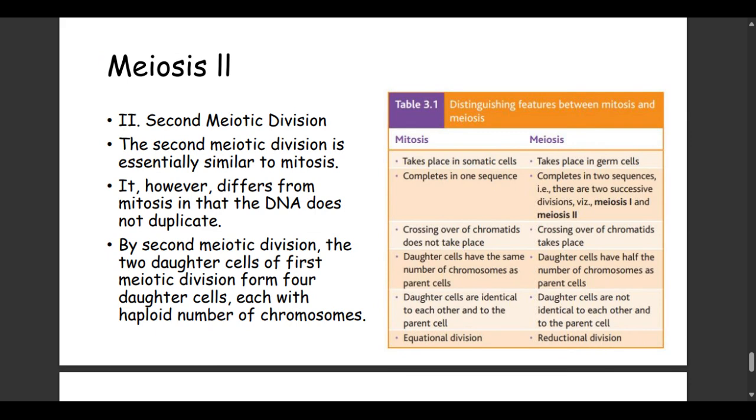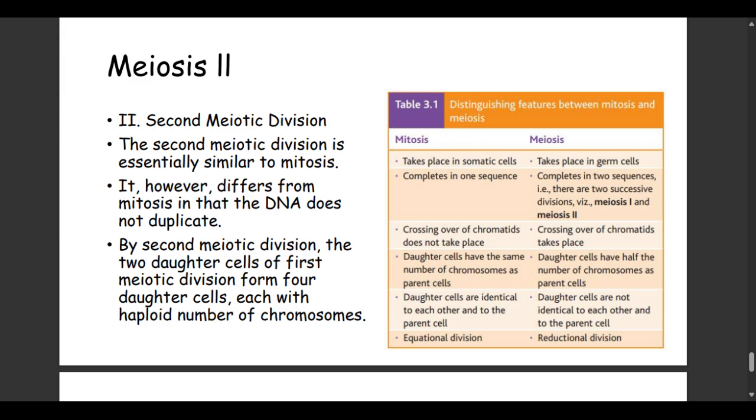The second meiotic division is said to be similar to mitotic division because you're going to have essentially the same processes occurring, but the only difference is that in mitosis, DNA duplicates, but in meiosis 2, DNA does not duplicate.